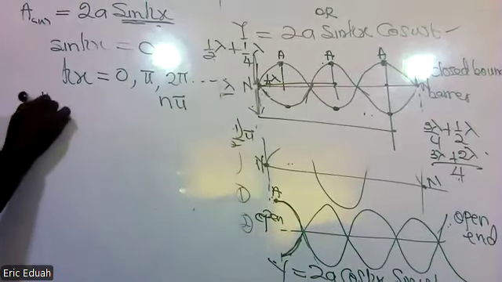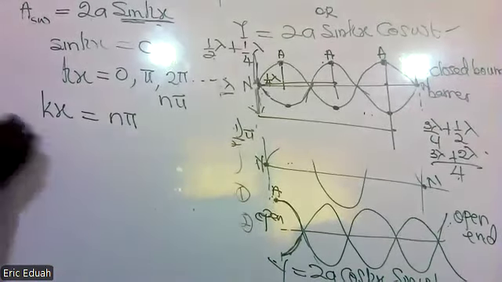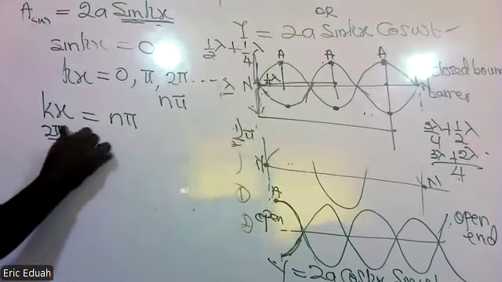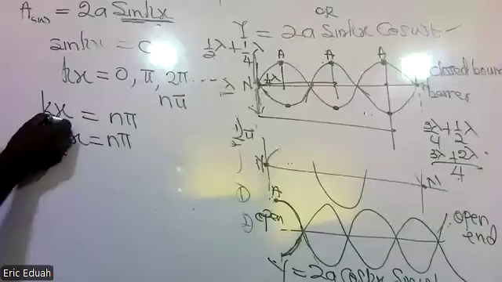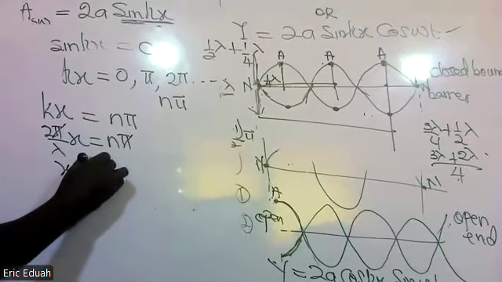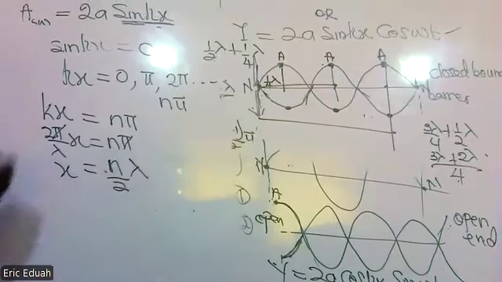So kx being equal to n pi, 2 pi over lambda x is equal to n pi. Therefore x will be equal to n over 2 lambda.